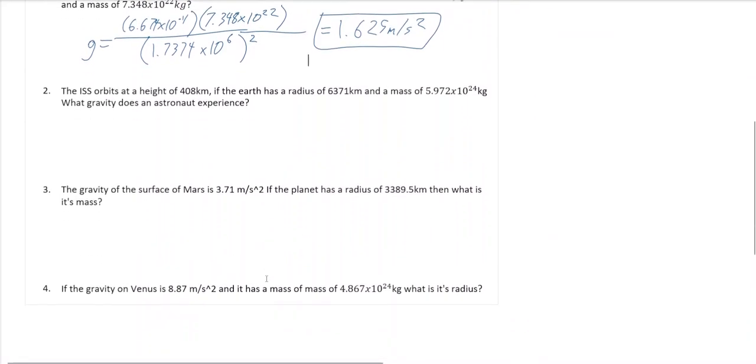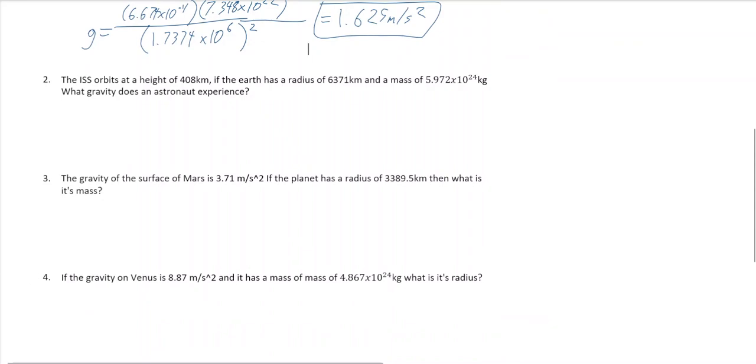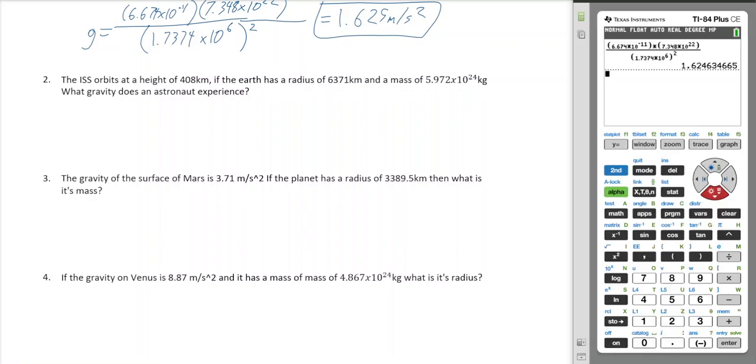Okay, so here's another question. The ISS orbits at a height of that above the Earth's surface. If the Earth has a radius of that and a mass of that, what does an astronaut actually experience?